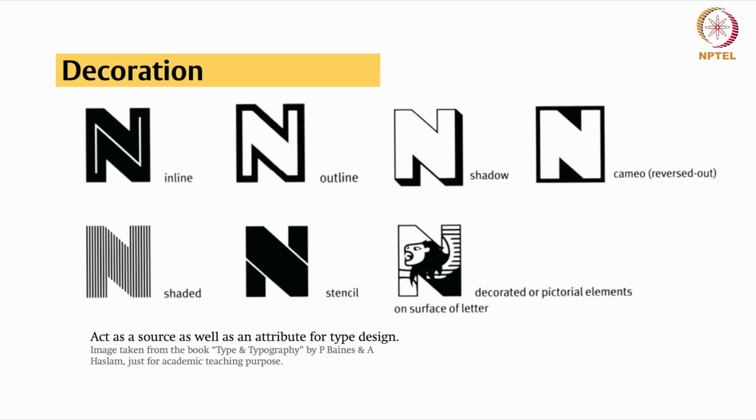Another important thing is decoration. Decoration in typefaces is very common, and this refers to added stylistic elements, embellishments, or any kind of ornamental features in the letterform that go beyond functional design. These kinds of letterforms are quite popular in display typefaces.